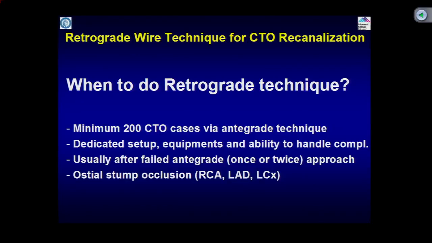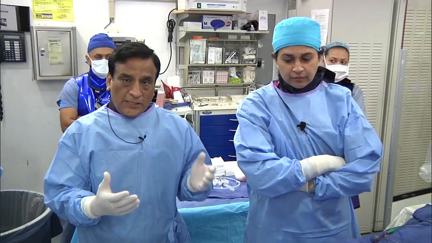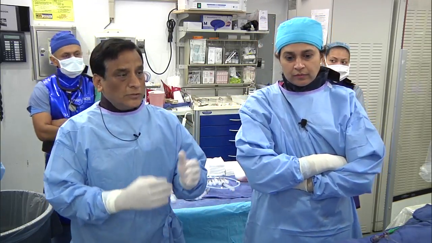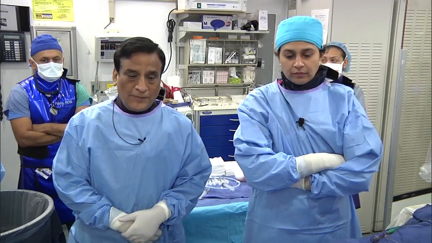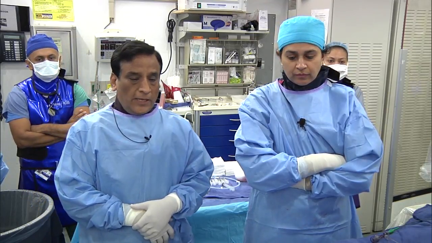Then you need a dedicated setup, equipment, and the ability to handle complications, and some of the complications are rather notorious. That is the spasm of these septals. They go into tremendous spasm. There has been a case report where the patient had to be put under general anesthesia to relieve the spasm, and of course the intramural hematoma from rupture of the septal, so you need to be ready to take care of those.